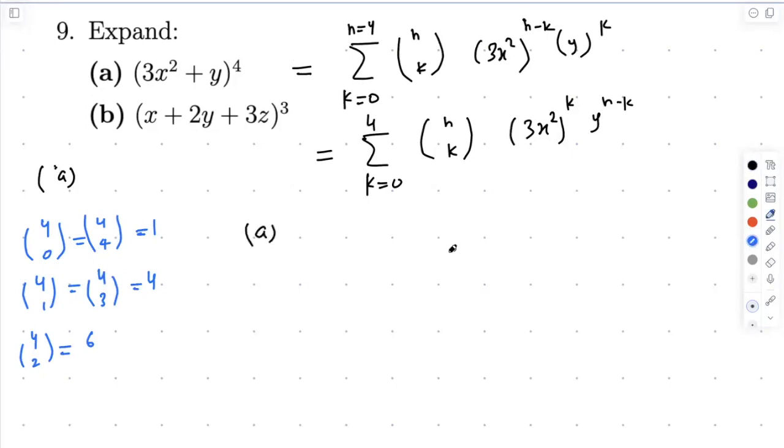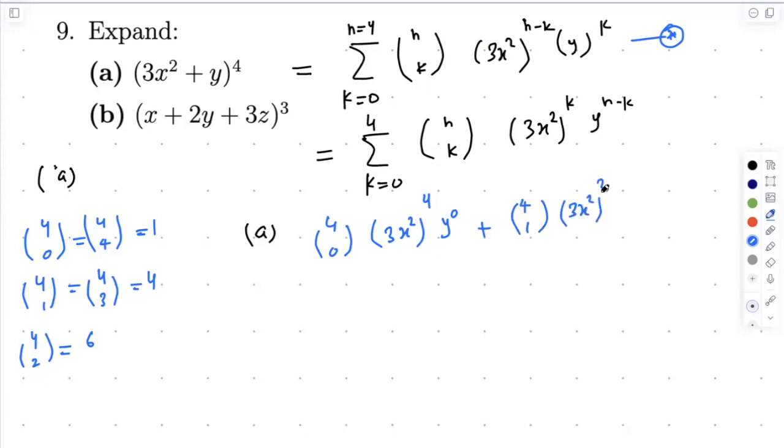Now for the A part, if you do the expansion, maybe I'm using this first part, then put k equals 0 there. If you put k equals 0, it is 4c0, 3x square power 4 minus 0, and y power 0. This is the first term. If you use k equals 1, it is 4c1, 3x square power 3, y power 1. You can just substitute k equals 1 here, n equals 4. So n minus k is 3, y power 1.